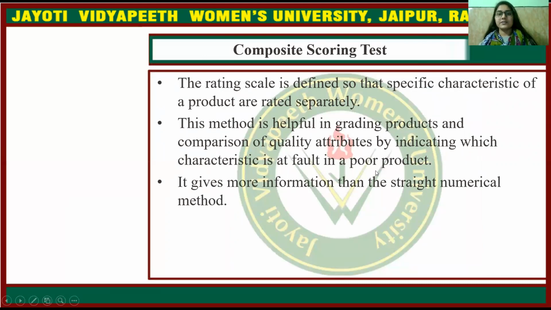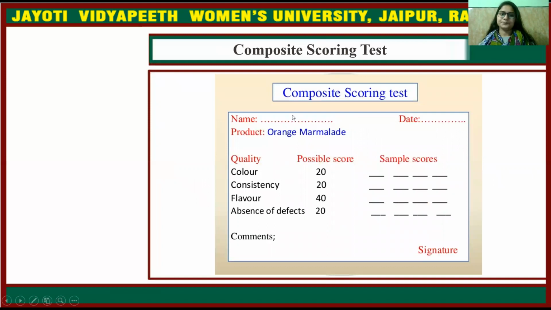Then the composite scoring test. The rating scale is defined so that the specific characteristics of a product are rated separately, and this method is helpful in grading products and comparing quality attributes by indicating which characteristic has a fault in a poor product, and it gives more information than the straight numerical method. So we are using the composite scoring test rather than the numerical scoring test.